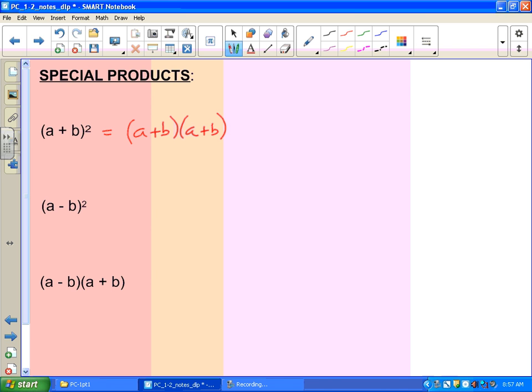Now there's another thing we could think about with binomial squares, and it's a little set of acronyms. STF, TTP, STL. And what these stand for is square the first, twice the product, square the last.